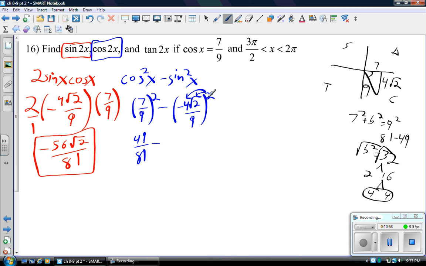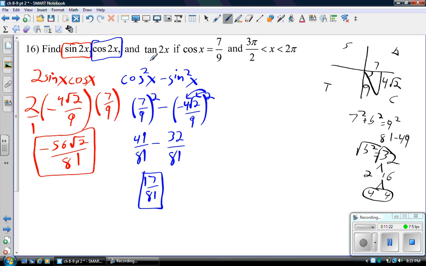Root 2 squared is 2. So 16 times 2 would be 32. Square the bottom, 81. Common denominator, so I can subtract them, and I get, I believe, 17 over 81. And there's the cosine of 2x.